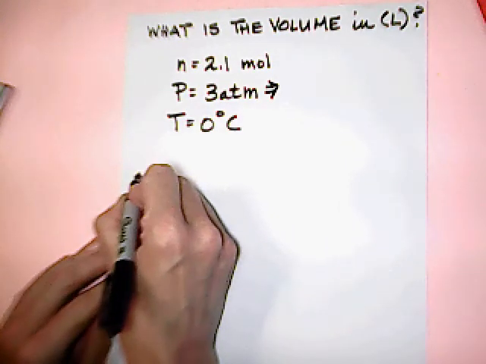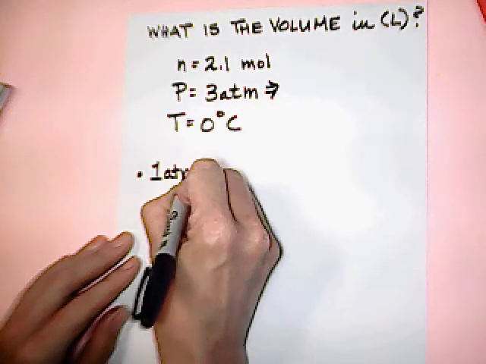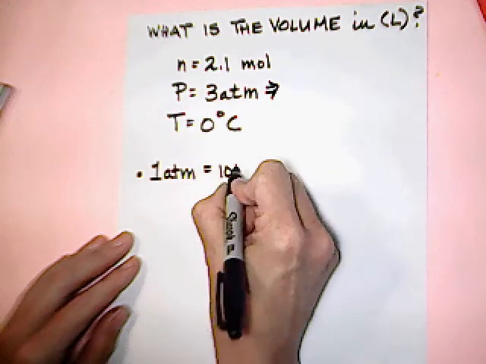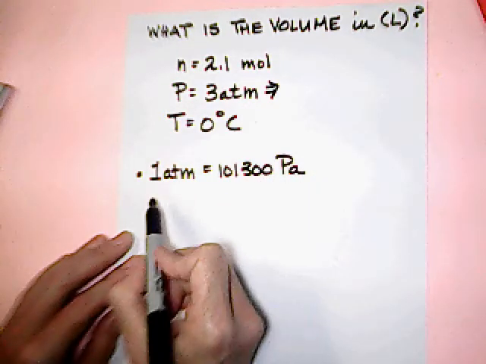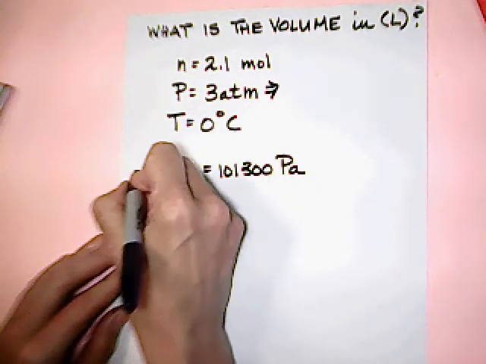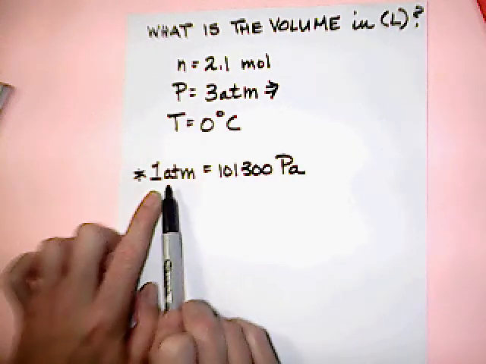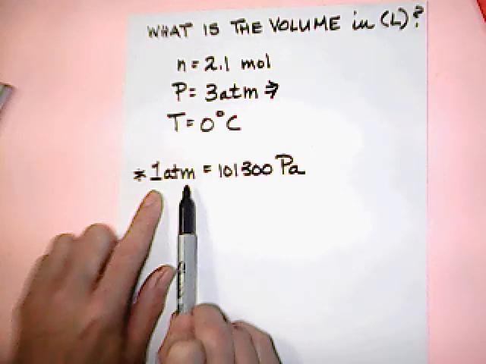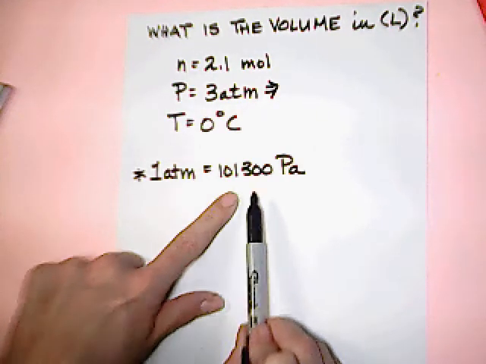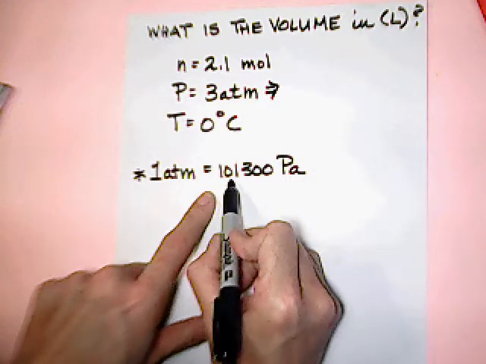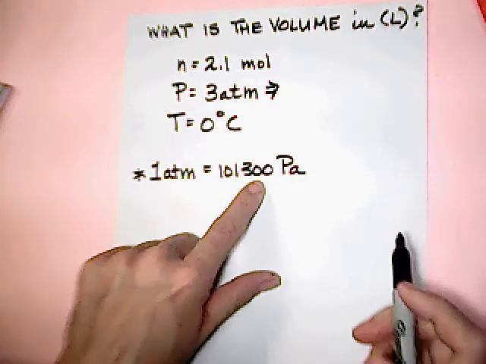For every 1 atmosphere of pressure, that actually equals 101,300 pascals of pressure. 1 atmosphere is typically what we live in. Pressure goes up and down. That's the purpose of a barometer. Pascals, because it's got more digits, will give you a much more accurate reading.